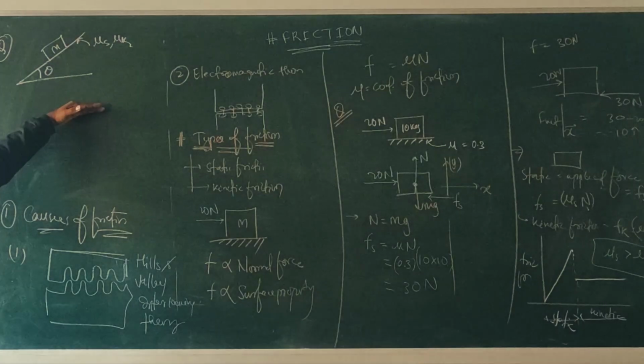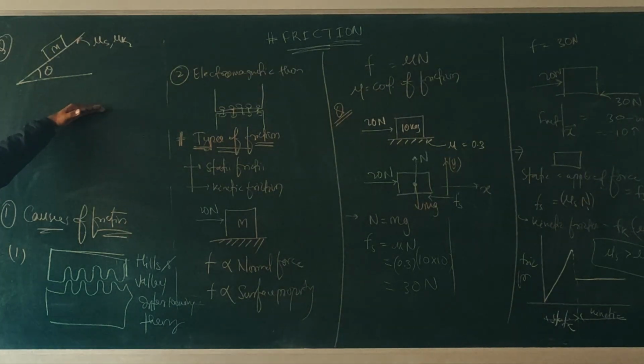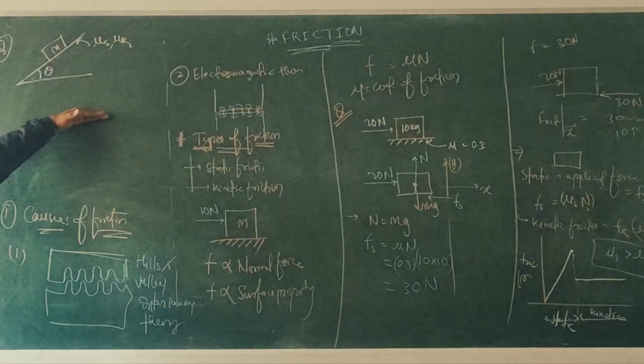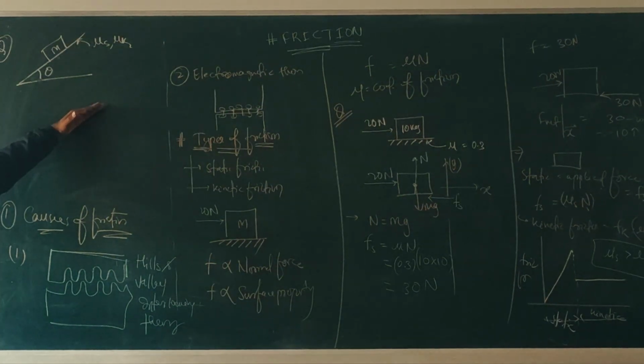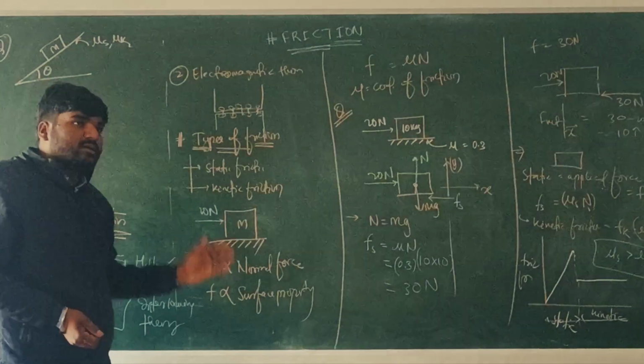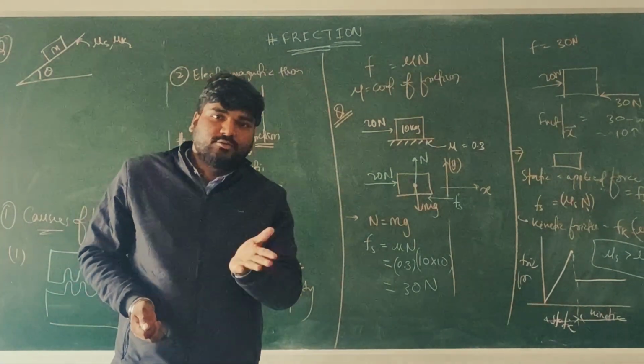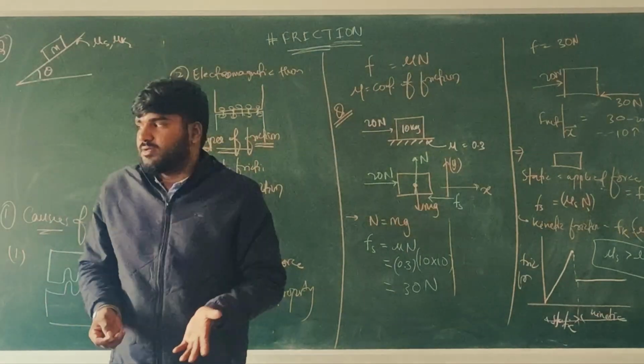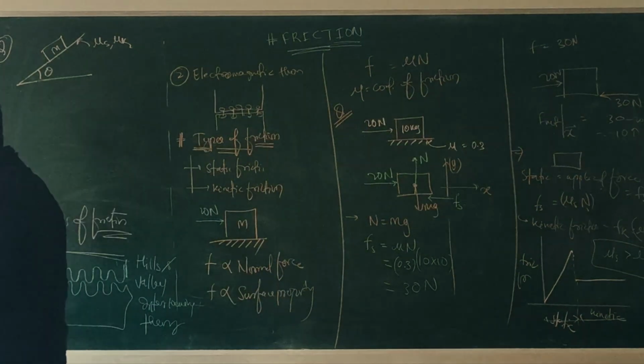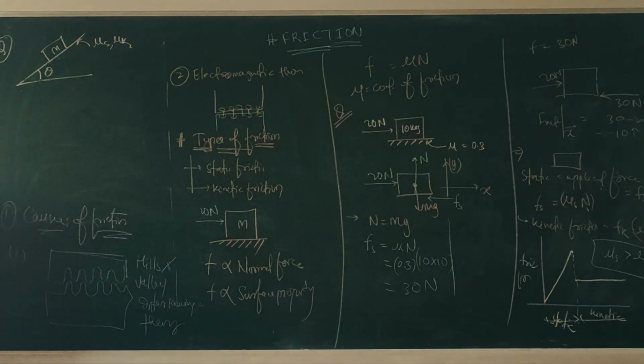Right now, what you are doing is constantly increasing the theta value. That means your angle is increasing. Just try to imagine this in your mind. If you keep on increasing the theta value, what will happen? At some particular theta, the block will start to slide. This is very easy to understand.